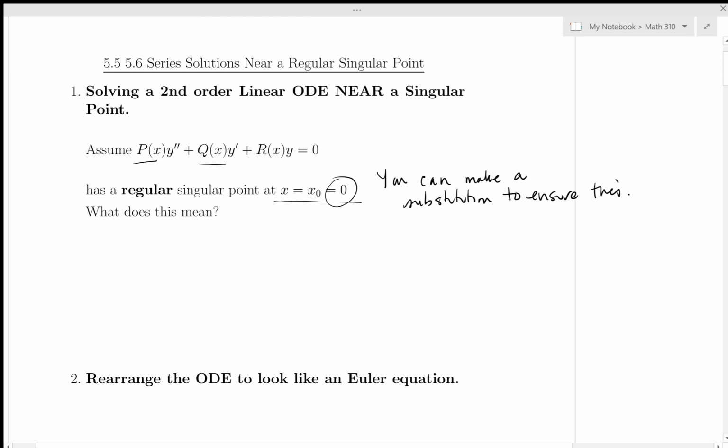Okay, so let's recall what it means for the point x equals 0 to be a regular singular point. That means the limit as x goes to 0 of x times q of x over p of x, and the limit as x goes to 0 of x squared times r of x divided by p of x, are finite.